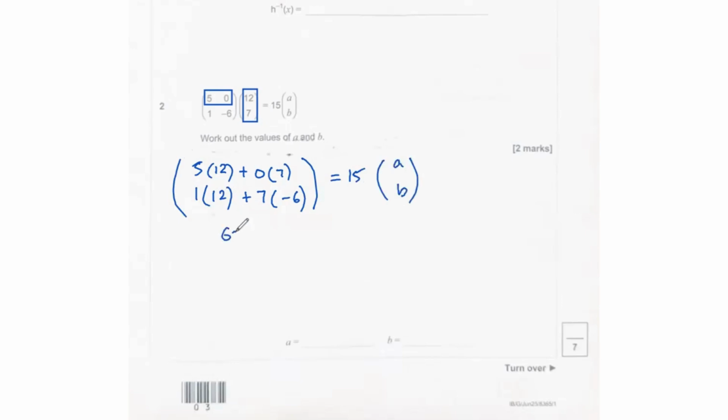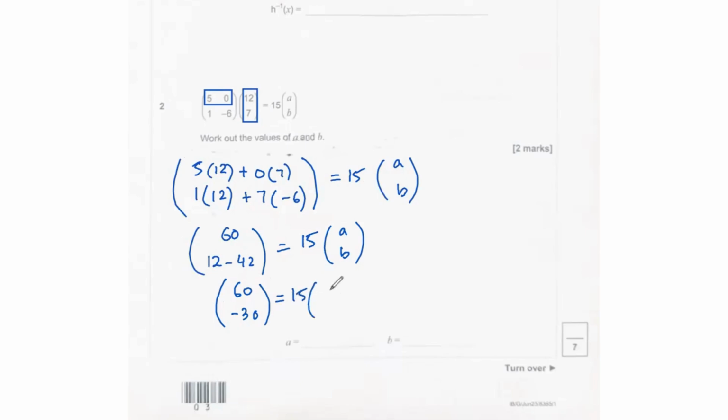So that's 60, and that's 12 minus 42 over here. 12 minus 42 is -30. So now if we take 15 common from this, it's going to be 15 bracket 4 over here and -2 over here. So a is 4 and b is -2. That's your answer.